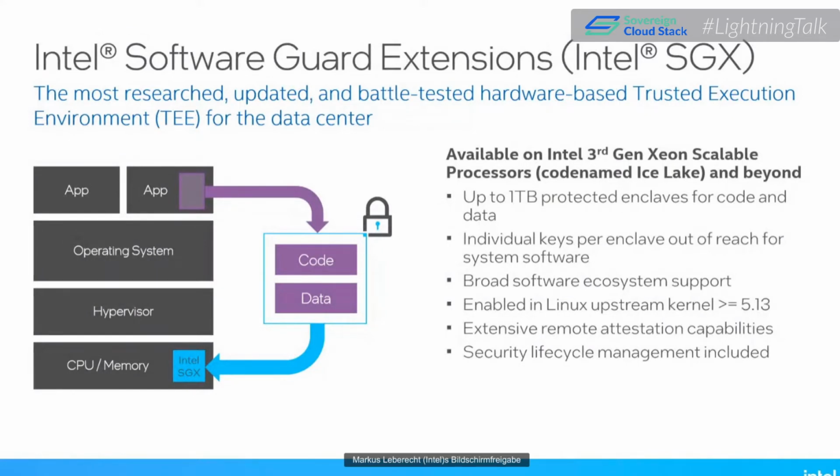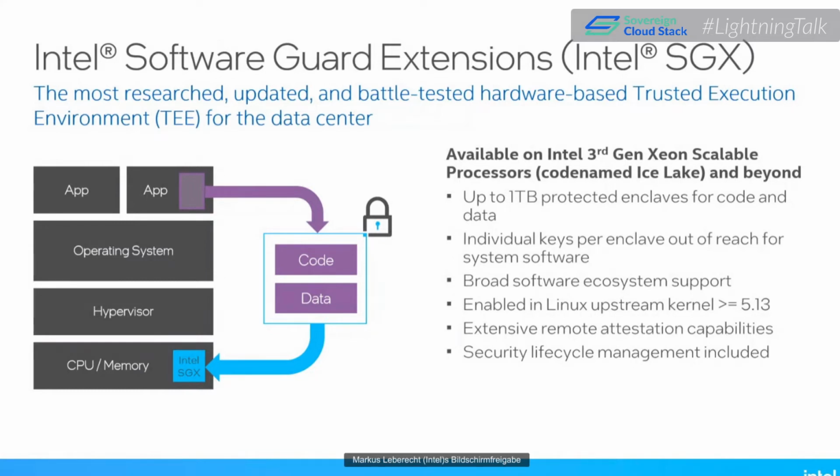It's available on the current main server product, the 3rd generation Xeon called Ice Lake, and offers the capability of up to 1 terabyte of protected memory for large enclaves. So basically you can put fairly big applications inside such a TEE. Each of those TEEs will have its own individual keys managed by the SGX business logic, and that is out of reach for any privileged access, even system software.